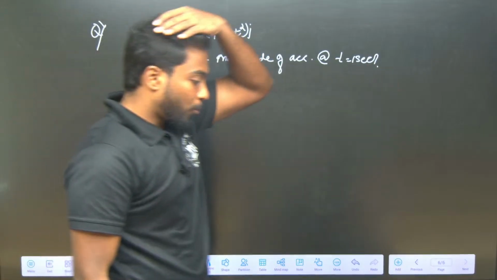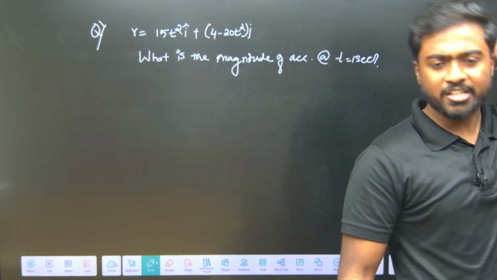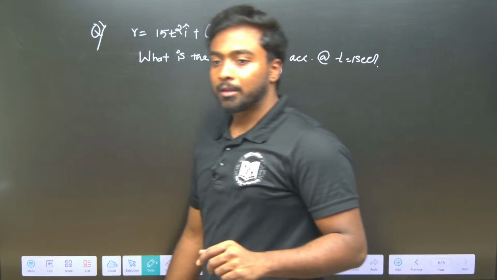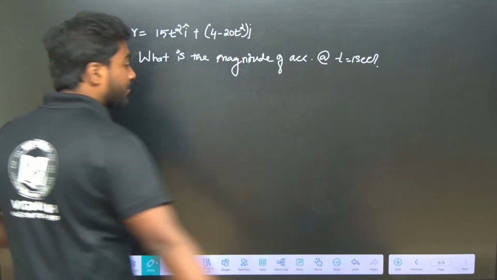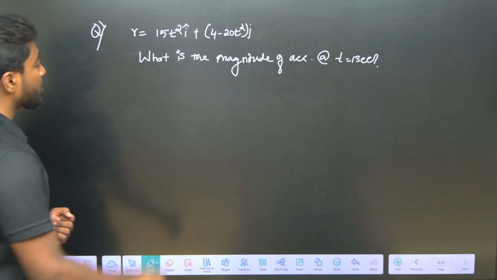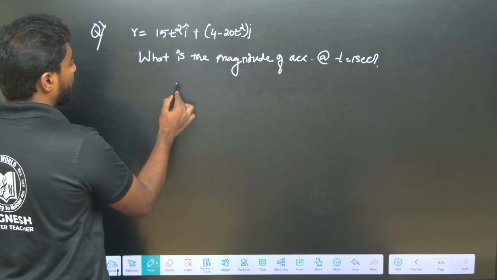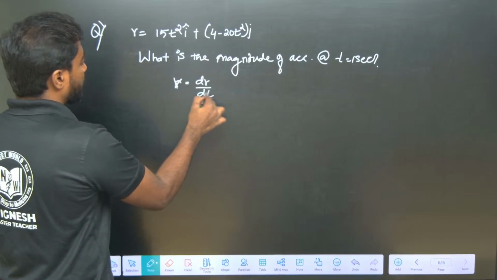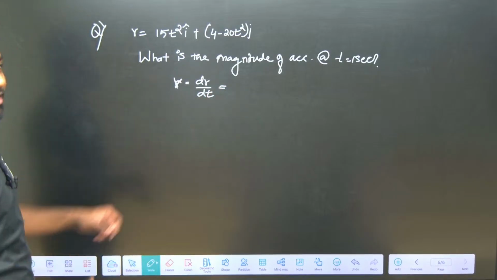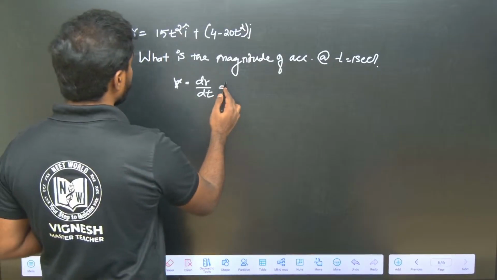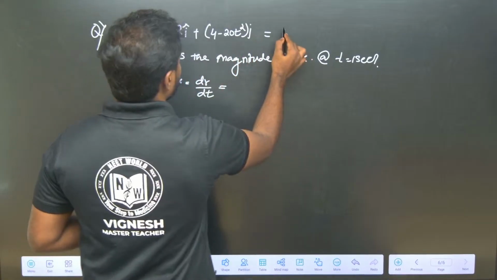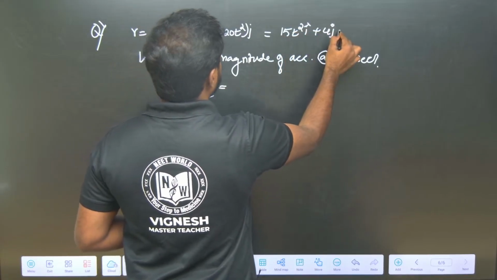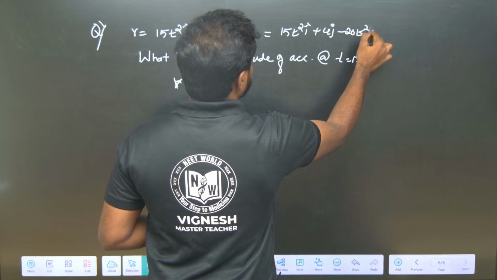So position they have given. Change in position with respect to time is known as velocity. At time t is equal to 1 second they have given. I can differentiate that. So V is equal to dr by dt. First of all, I will rearrange this one: 15 t square i cap plus 4 j cap minus 20 t square j cap.